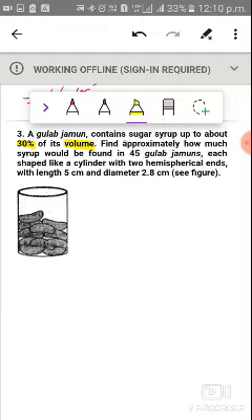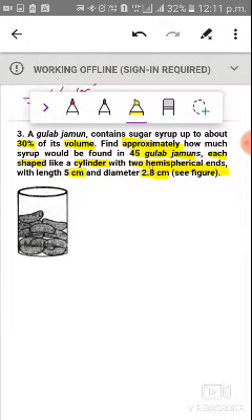Find approximately how much syrup would be found in 45 gulab jamuns, each shaped like a cylinder with two hemispherical ends. Okay, with length 5 centimeter and diameter is 2.8 centimeters.